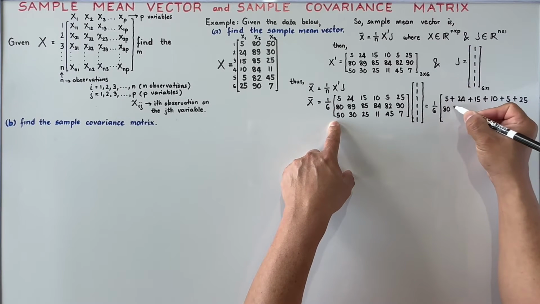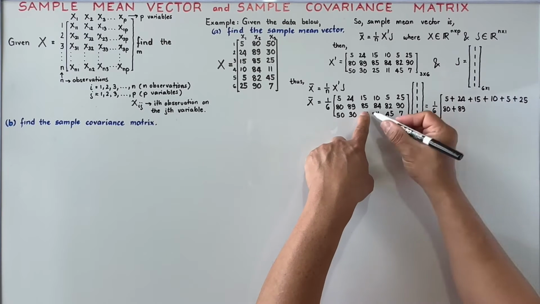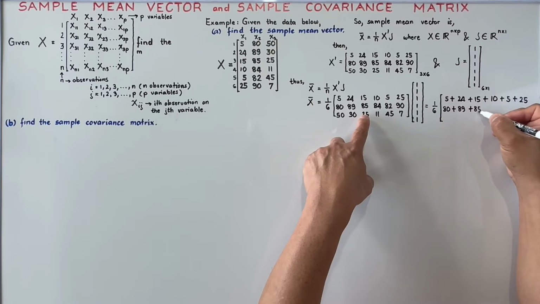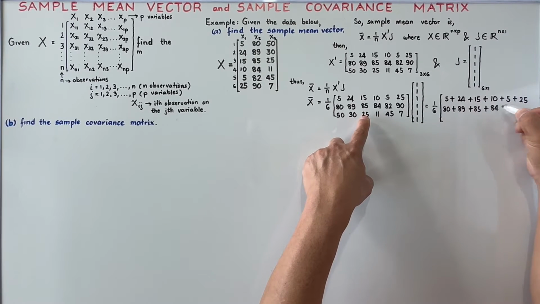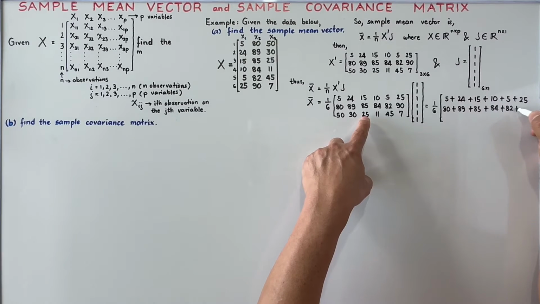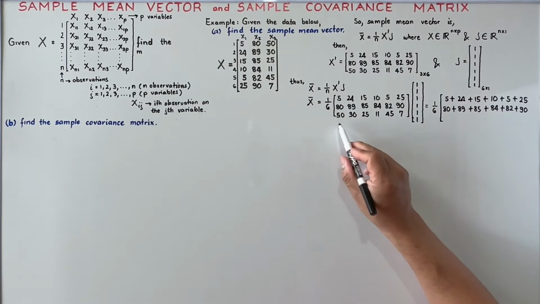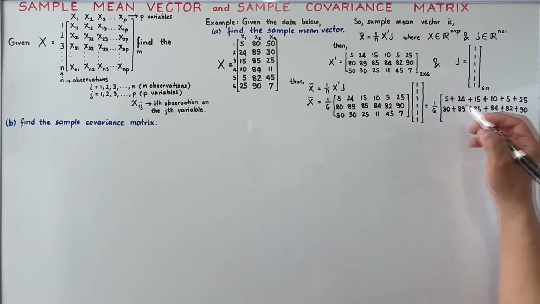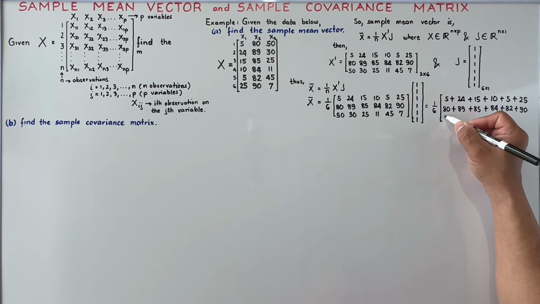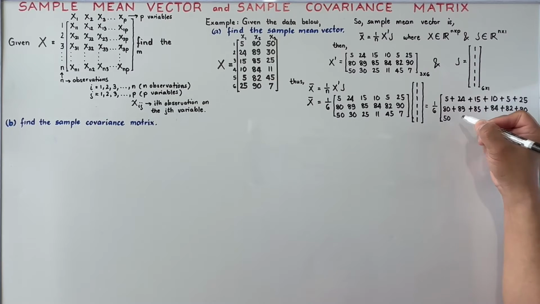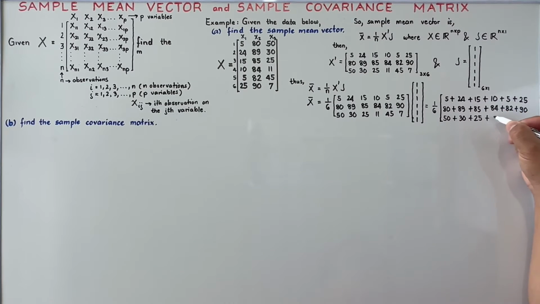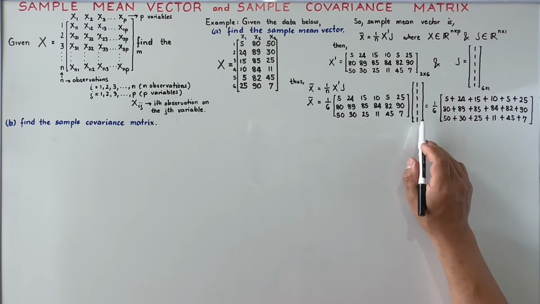So we have 80 plus 89, 85 times 1, we have 85, and then 84 plus 82, and then 90. Also, we multiply the third row by this vector whose elements are 1. So we have 50 plus 30 plus 25 plus 11 plus 45 plus 7 here. So this is our product of these two matrices.